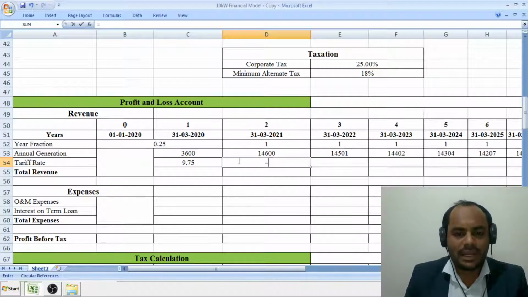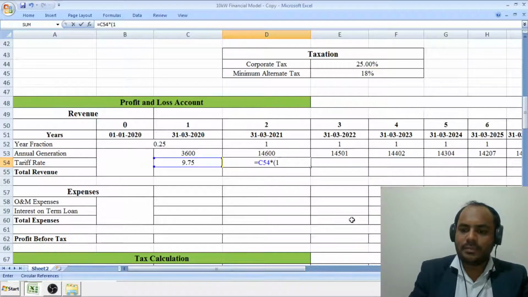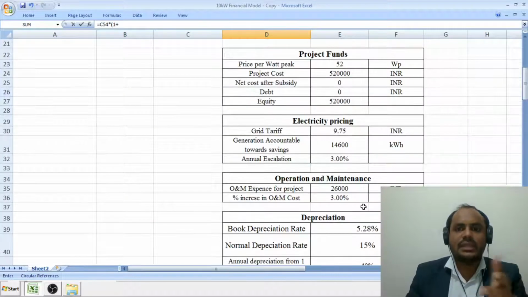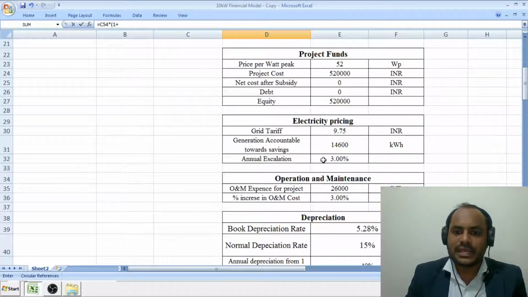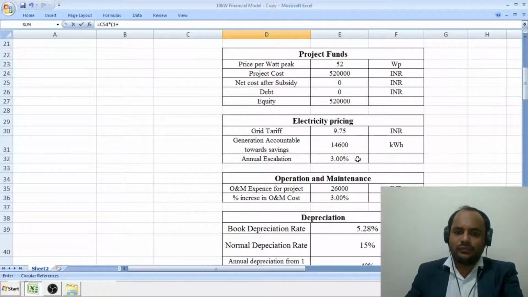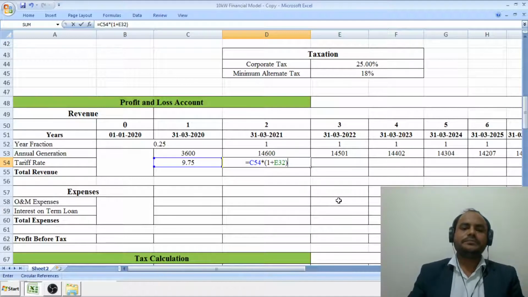So we have to apply a logic in such a way that we take a reference of the earlier tariff rate, bracket, 1 plus the rate at which the escalation will be there in the tariff, which is 3%. So select this particular annual escalation in the grid tariff rate cell, and bracket complete.